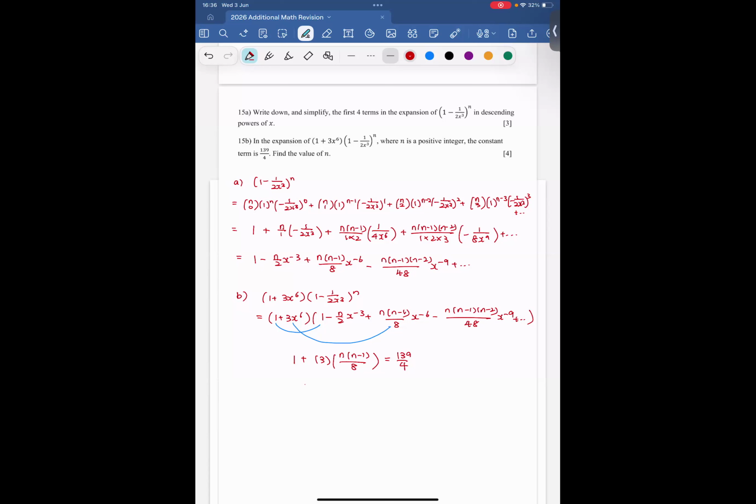Okay, so now we do the algebra. We times 8 throughout. This becomes 8 plus 3n(n minus 1) equals 2278. Expand.